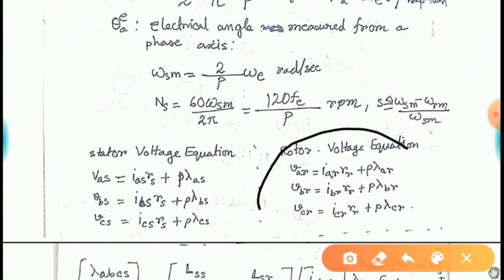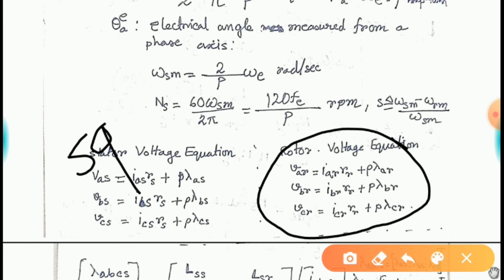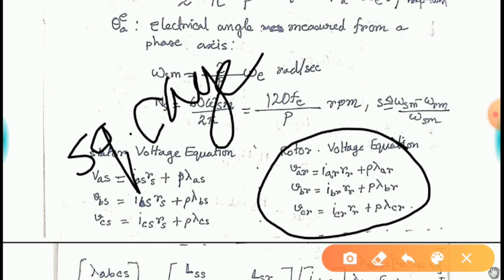First question: as we know, in case of a squirrel cage induction motor, the rotor circuits are short circuited. So for squirrel cage, obviously all these voltage equations are equal to 0.